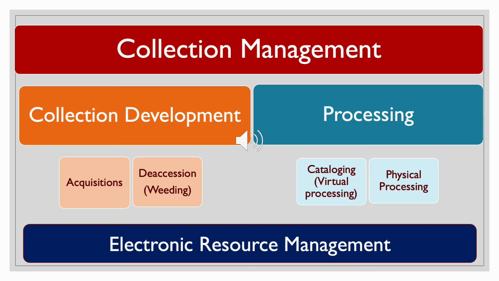In processing, we have cataloged and then physically processed it. Then bridging or falling under both of these areas is electronic resource management, which also has to go through collection development and processing. Still, that process is a little bit different and has additional considerations as it moves through collection development and processing.